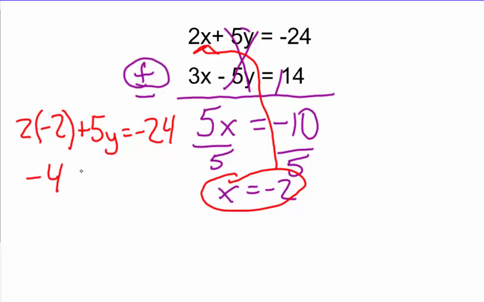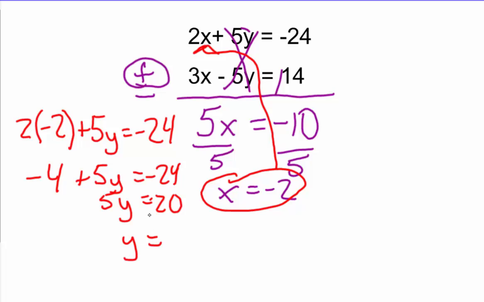You guys should know the steps by now. So we'll add 4 to both sides. We get 5y equals negative 20. And we'll divide by 5 and get y, sorry, it's a negative 20, right? And we'll get y is equal to negative 4.